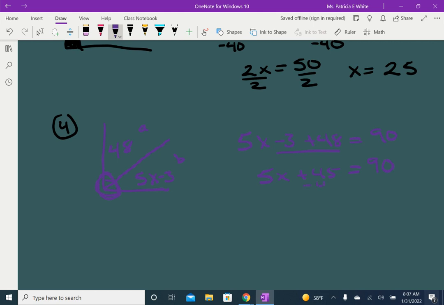5x plus 45 equals 90. Two-step. Subtract that 45. Gone. 5x equals 45. Divide by that 5, and x equals 9. All right, so this one we are actually supposed to tell me about the missing angle.